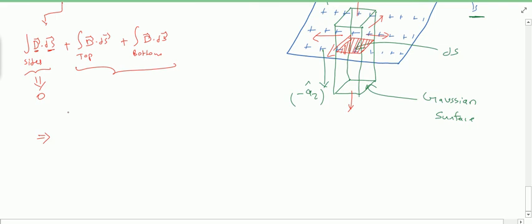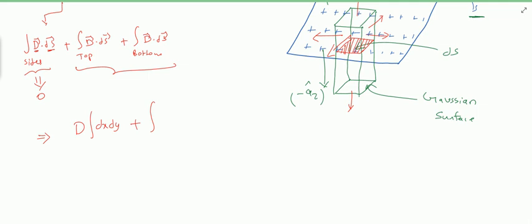Now let us evaluate this. If I am considering the coordinate axes as xyz, the dS vector for the upper part will be dx dy az cap. The D vector for the top surface is also az cap, so az dot az becomes 1. For the bottom surface, what will be dS?